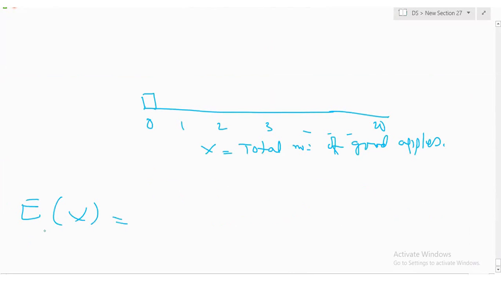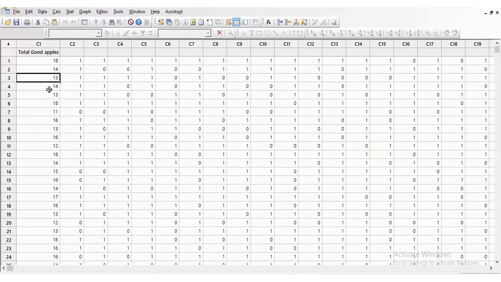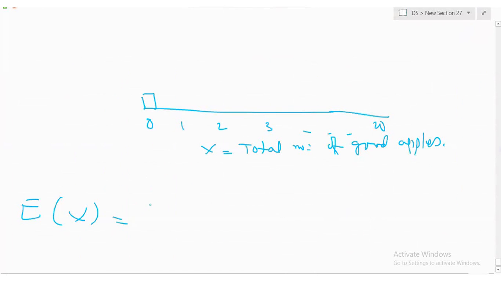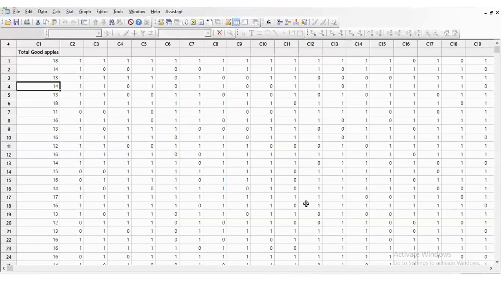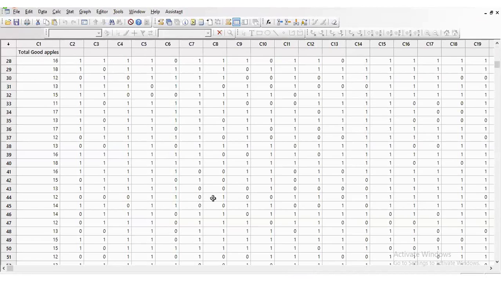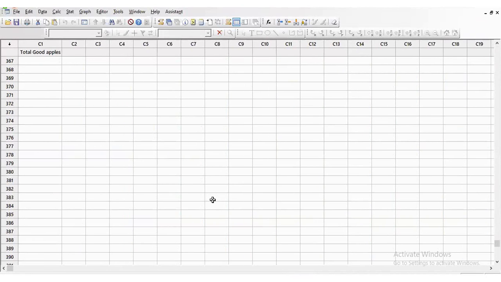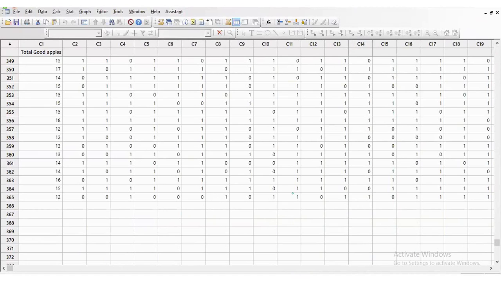Agreed. What should I do? This plus this plus this plus this, add all these things. 18 plus 14 up to... Let's go slow because I don't want you guys to feel lost.